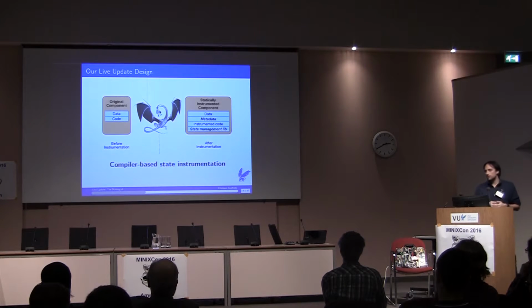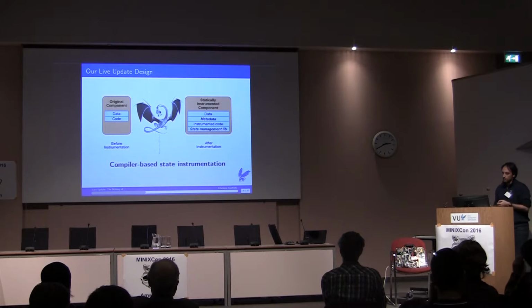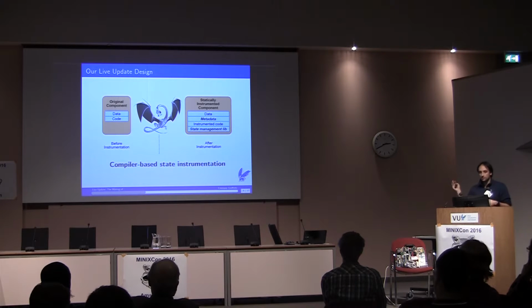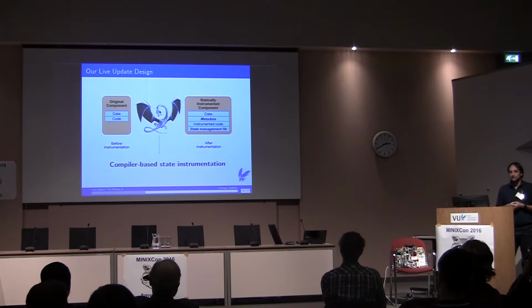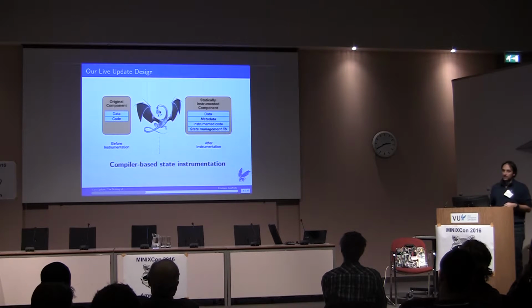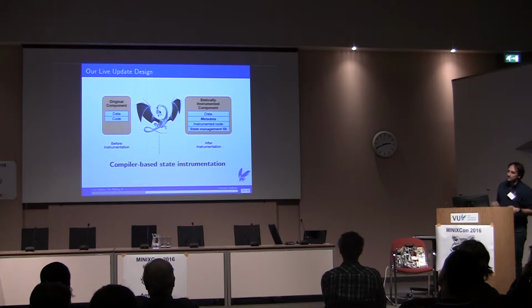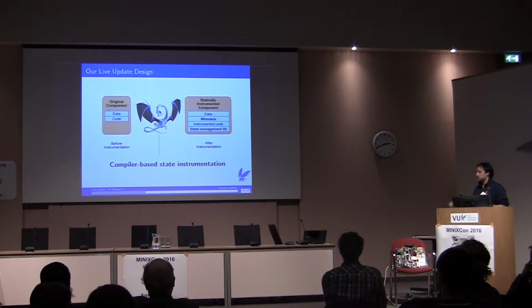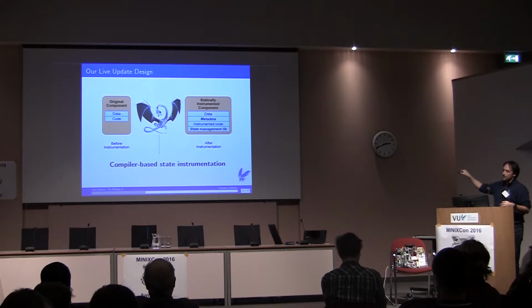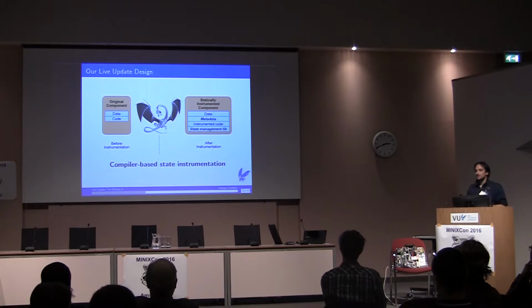The second principle is the adoption of compiler-based state instrumentation to automate state transfer and state checking. The way we do this is rely on the LLVM compiler framework to go from the original operating system component comprising some code and data into a statically instrumented version of the component comprising data, code, but also metadata describing the program state of the component.